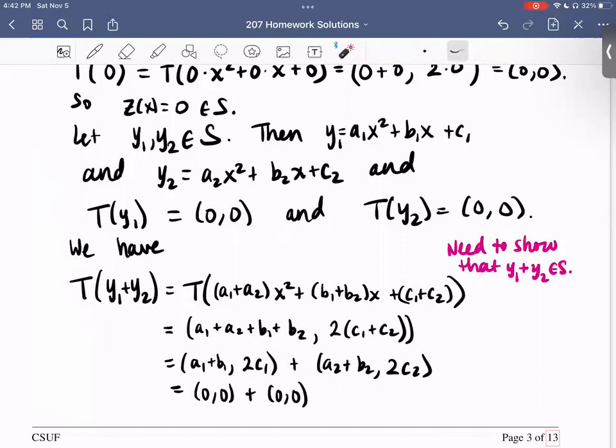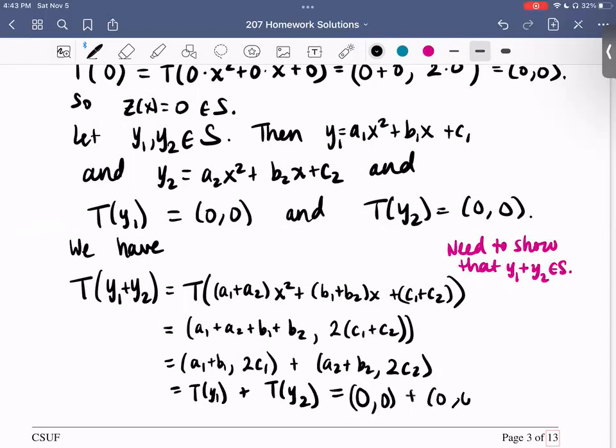The reason I know that is because, maybe I should write this first, this first part here is T of y1, and this second term is T of y2. I already know that these are equal to (0, 0) plus (0, 0), so I do get (0, 0).